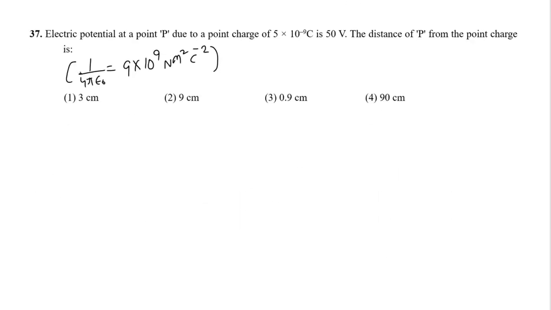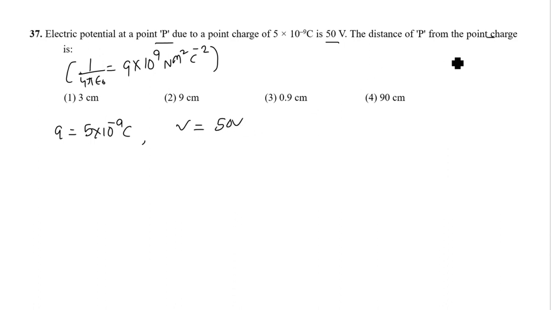Okay. Now we move to the next question. The next question is from electric potential, at a point P due to a point charge. The point charge Q is given as 5 into 10 to the power minus 9 coulomb, and the potential is given as 50 volt. So V, the potential, is 50 volt.